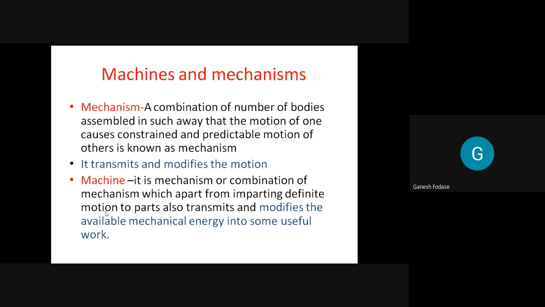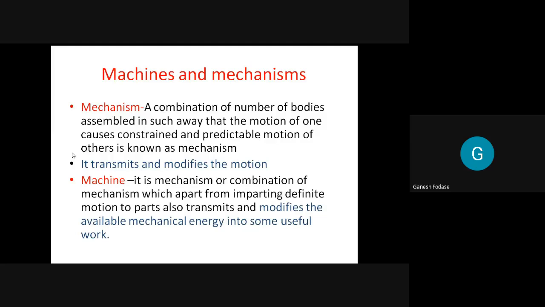Means machine consists of number of mechanisms, or it may be a single mechanism. And we know as mechanism is used to transmit the motion, machine also transmits the motion as it consists of mechanism, but along with transmitting motion, it also modifies the available mechanical energy into some useful work. So whenever mechanism is used for transmitting available mechanical energy into useful work, we call mechanism as a machine.